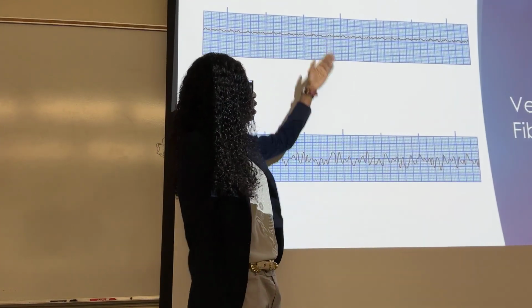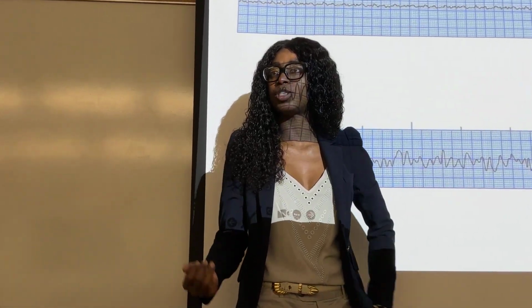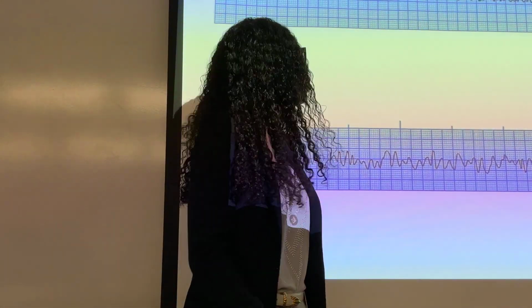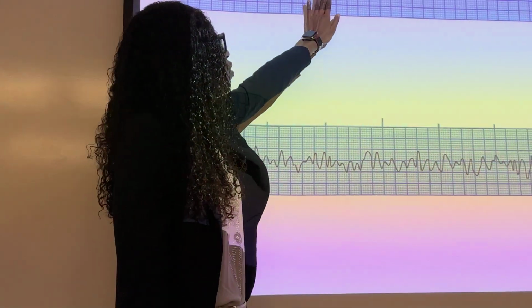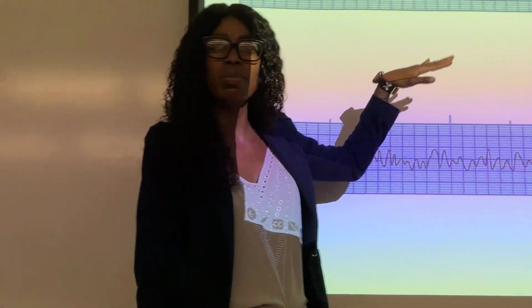The difference between here and here: remember in one of our classes, I talked about a person can have coarse or fine. This is the fine and this is the coarse. Do you remember what I said the difference was between the coarse and the fine?